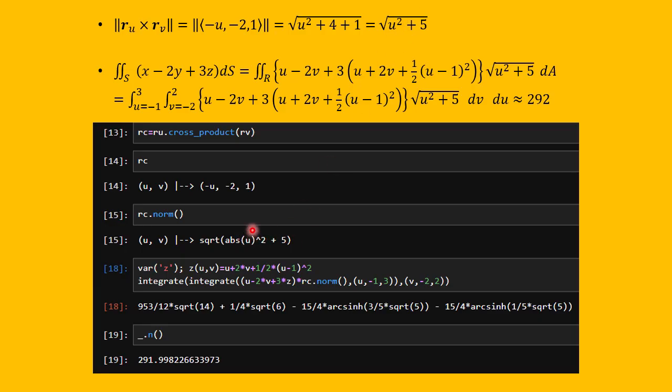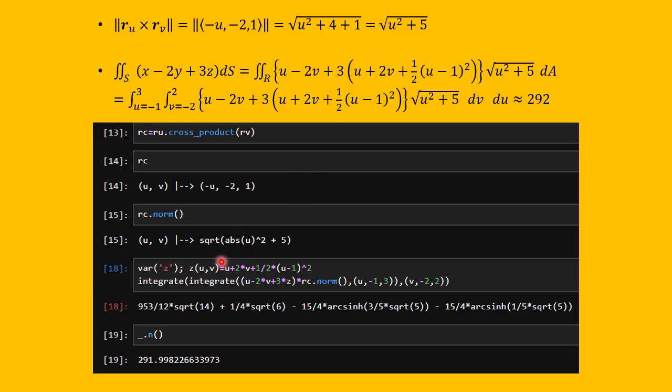Now you might wonder why there's an absolute value in here. My guess is that SageMath is being safe just in case we happen to have complex numbers here. But in any case, we are using real numbers, so the absolute value of a real number squared is just that real number squared. So this checks out.